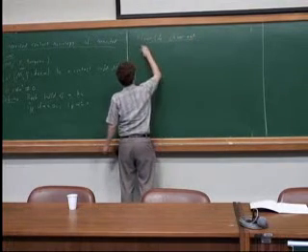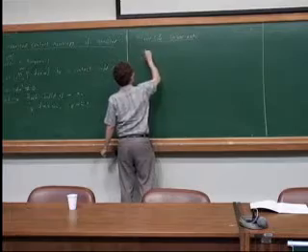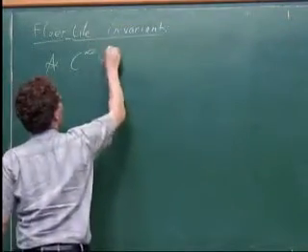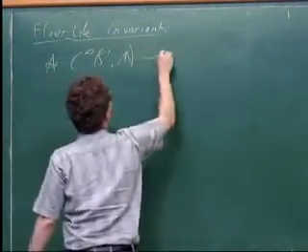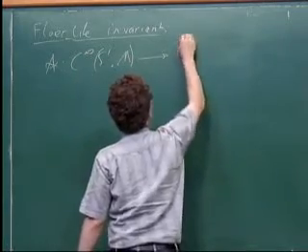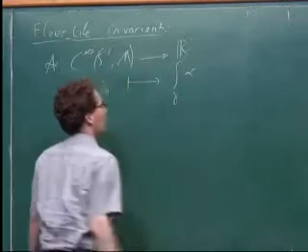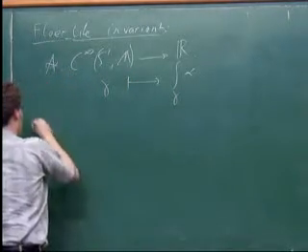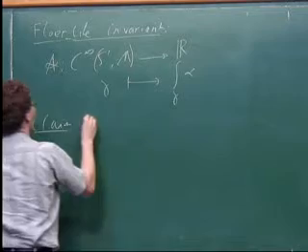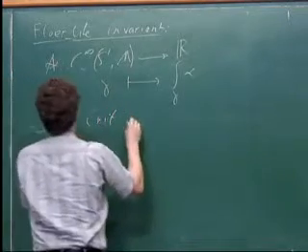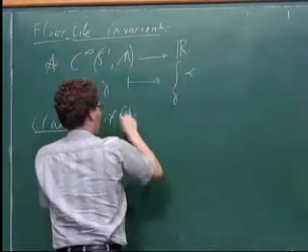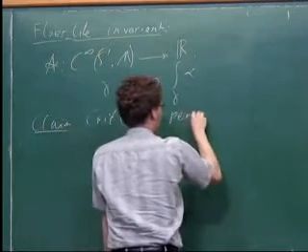We first define an action functional, and so for each smooth loop in M, we assign the following number. We just integrate the contact form alpha over this loop. And the claim is that the critical points of A are periodic Reeb orbits.